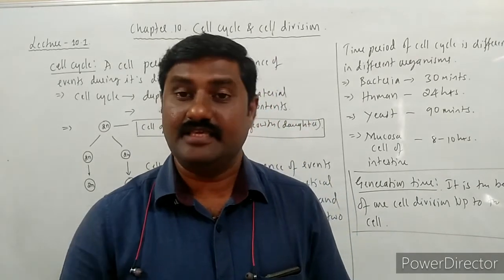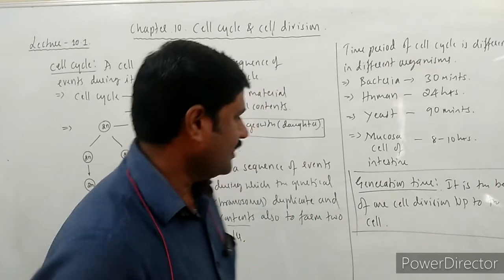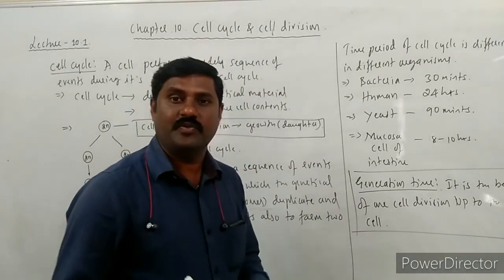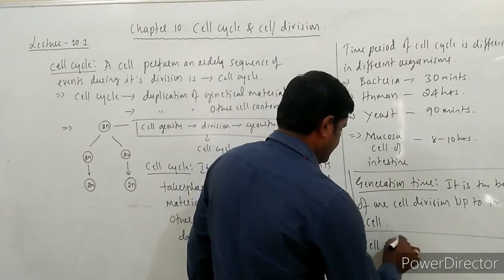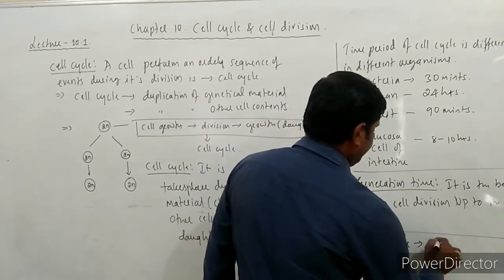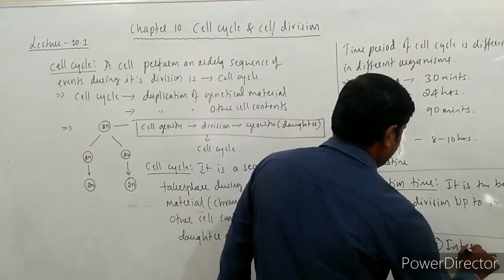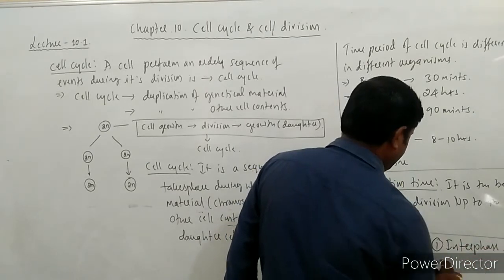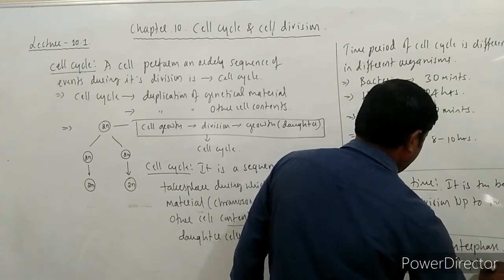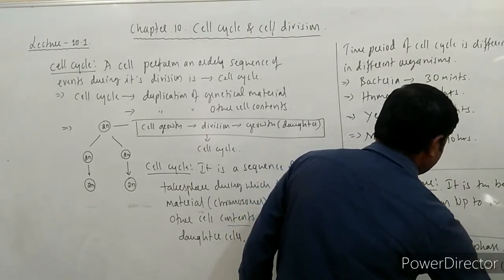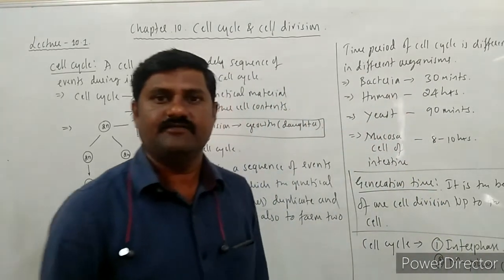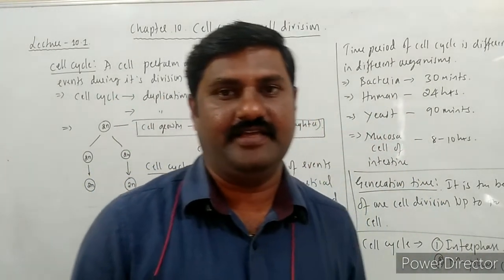So this cell cycle has two main phases. One is called interphase, second one is called M phase or mitotic phase.